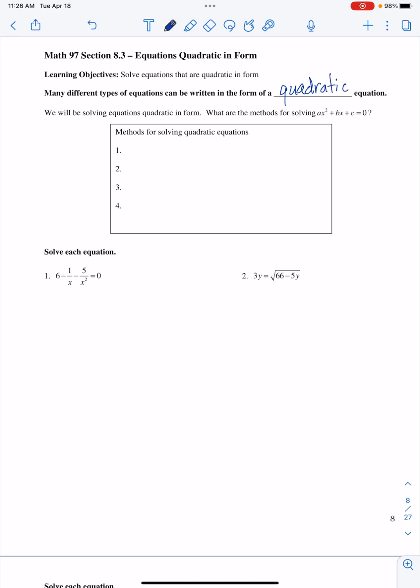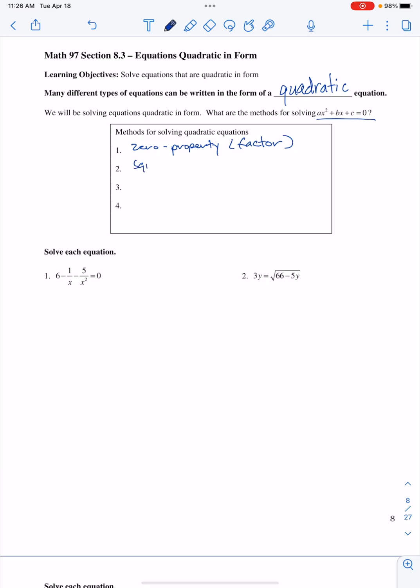Quadratic equations, remember, are ax squared plus bx plus c equals 0. We've learned 4 methods so far in this course to solve a quadratic. The zero property, where you can factor.